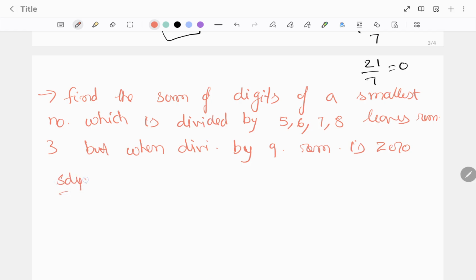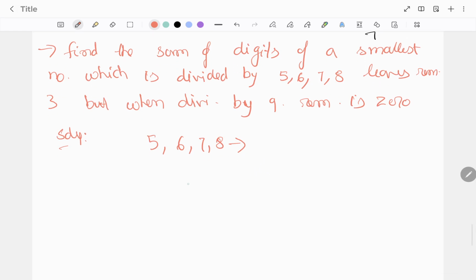First, what to do? Find the LCM plus 3. For 5, 6, 7, 8, the LCM is 8 into 7 into 5. 5 and 7 we can't write further, but 6 can be written as 2 into 3, and 8 as 2 cube.